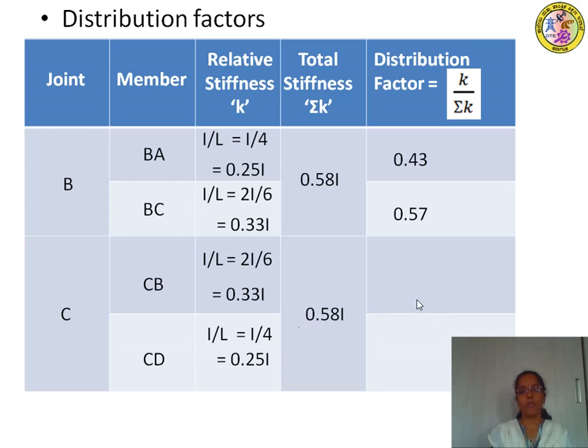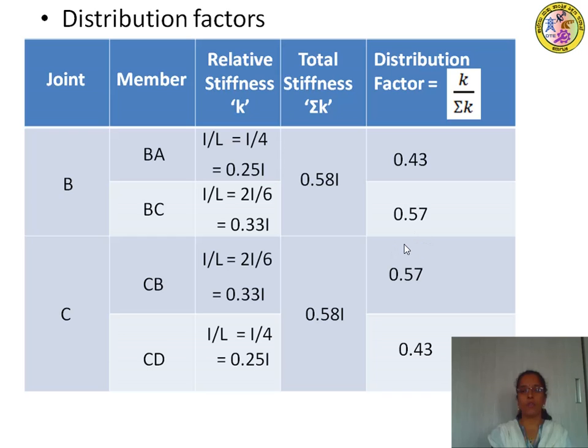Okay, so if you calculate the distribution factors, 0.33 I to 0.58 I will be the distribution factor for CB member, which is equal to 0.57, and for CD member 0.25 I to 0.58 I, that will be equal to 0.43. So you can observe here, these are also symmetrical.